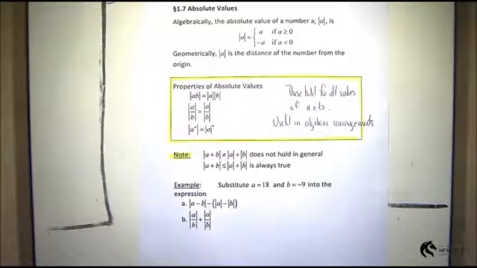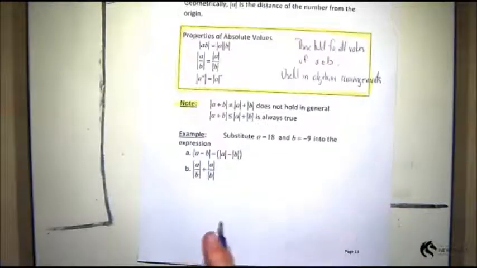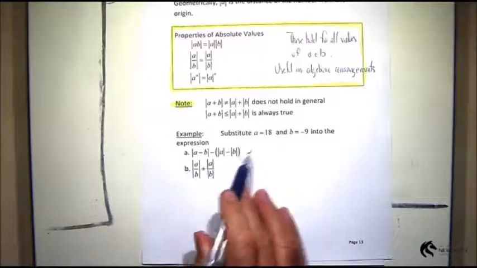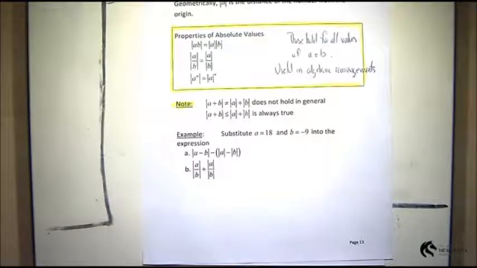We'll see that down here in this example. Let's do this example. It says, evaluate this expression using A equal to 18 and B equal to minus 9.